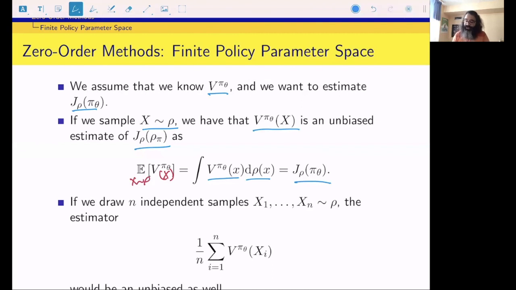So a random x coming from rho gives an unbiased estimate of the performance measure J of rho.